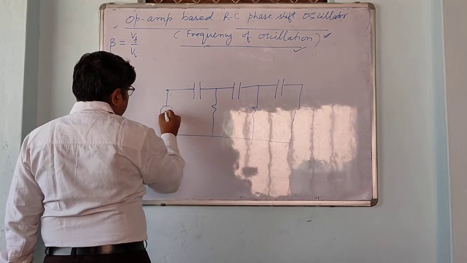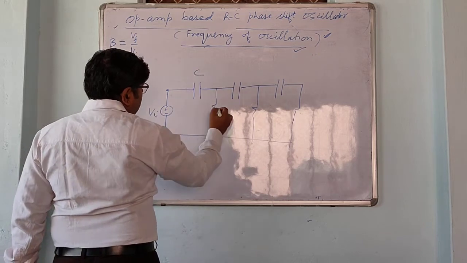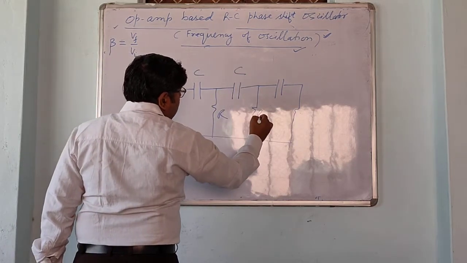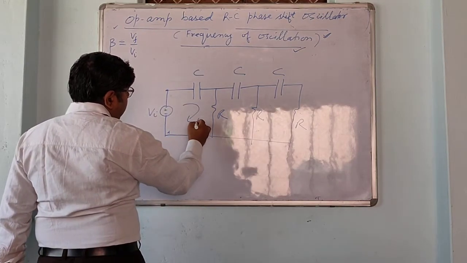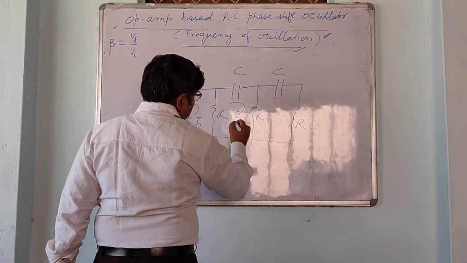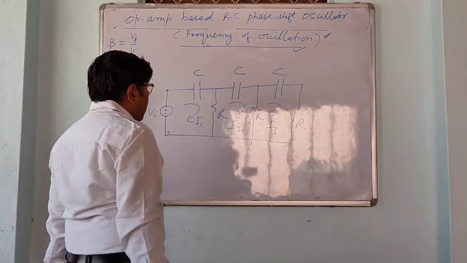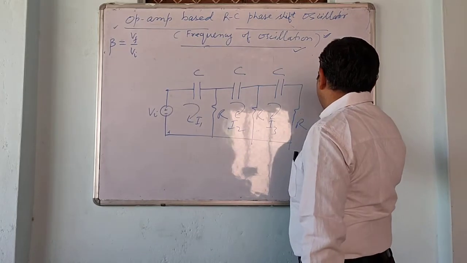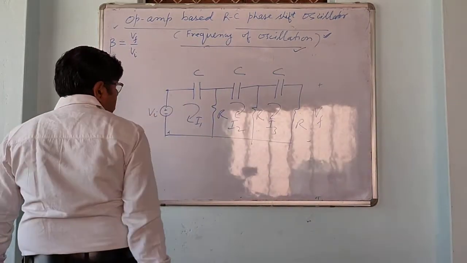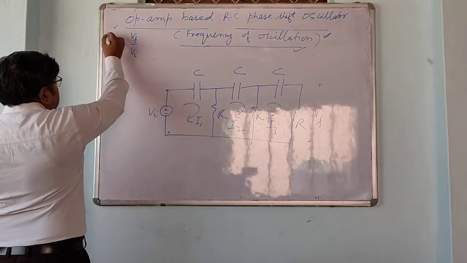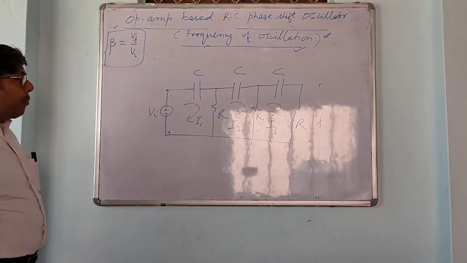If here we are using VI, capacitor, resistor, and assume that three currents are, loop currents are I1, I2 and I3, then this voltage is the feedback voltage and this is the input. We have to calculate this VF upon VI.